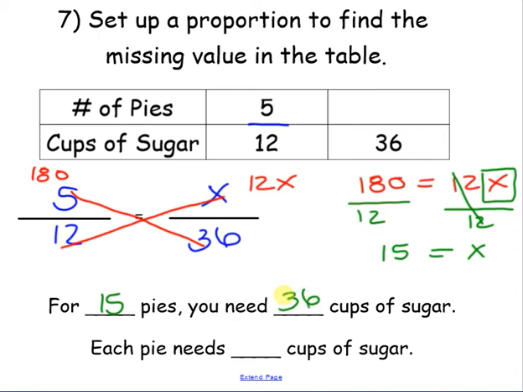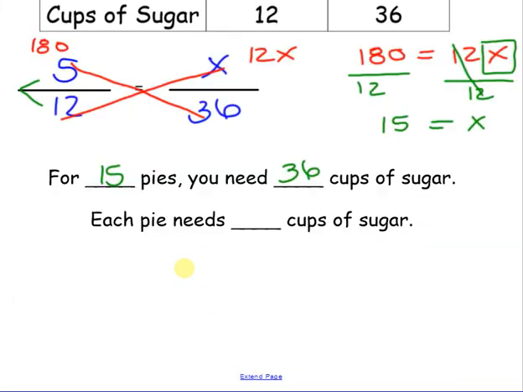Now it wants me to find the unit rate, so I can either use the first ratio or I can use the second ratio. I'm going to go back and use the first one. So you put into your calculator 5 divided by 12. What you're going to find is that you're going to get a decimal that looks a little bit like this, and it's going to go on and on forever.